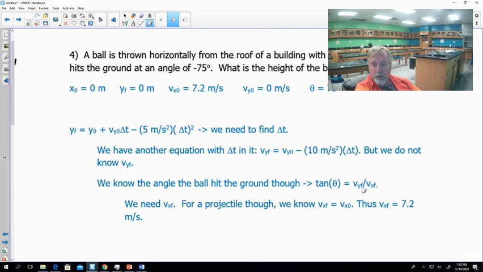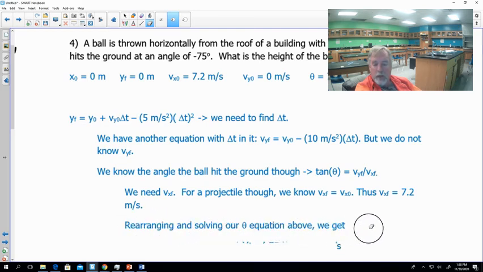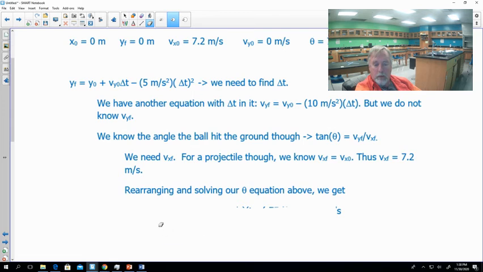We know our Vxf, we know our tangent, rather, our theta, so now we can back into Vyf. Let's rearrange our equation, solving it for Vyf, and what do we get? Our Vyf is equal to Vxf times the tangent of theta.